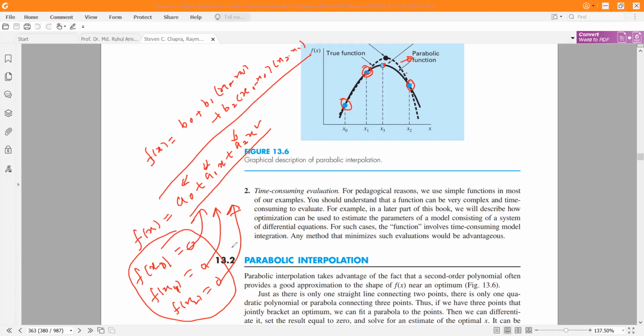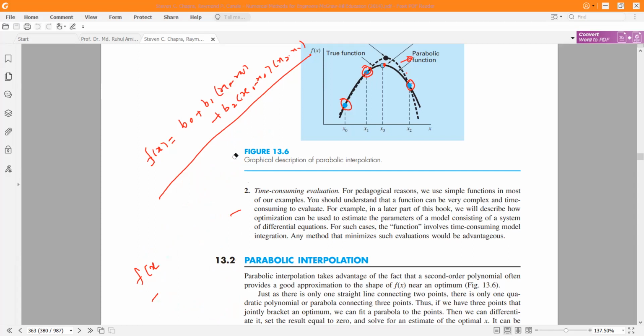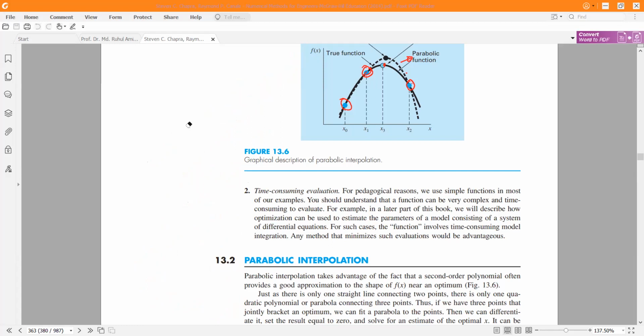Then you will have 3 simultaneous equations. You can solve them to find the values of the constants a0 through a2, so that an equation of a parabolic interpolation curve will be available with us that best approximates the region over which your maximum value exists. You see that this is, say, the dotted curve.